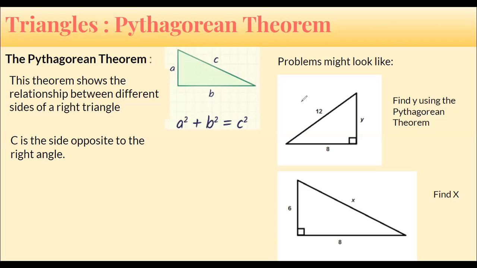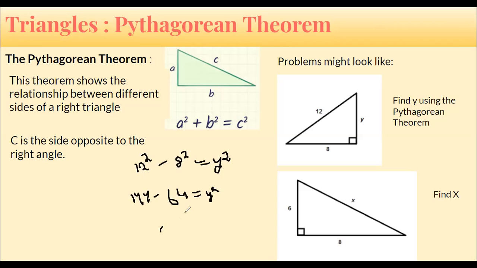All right, let's look at two practice problems. So y squared is equal to 12 squared minus 8 squared, right? 12 squared is 144, minus 64 is equal to y squared. 144 minus 64 is 80.